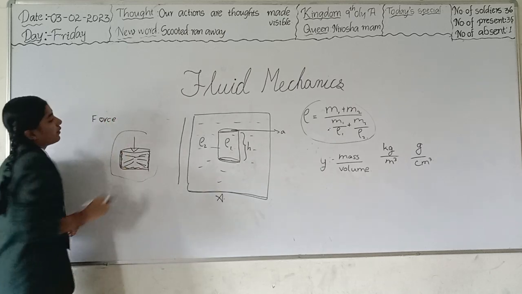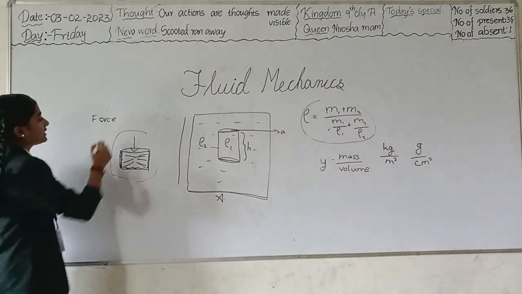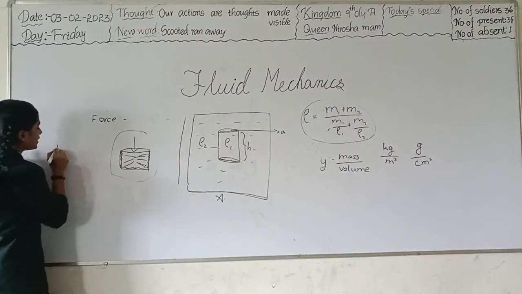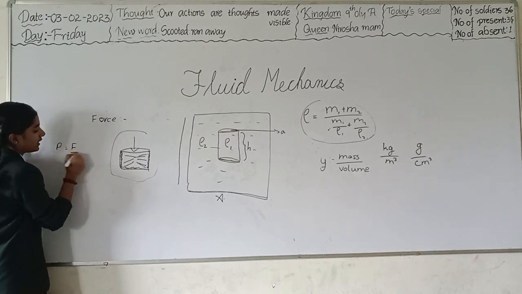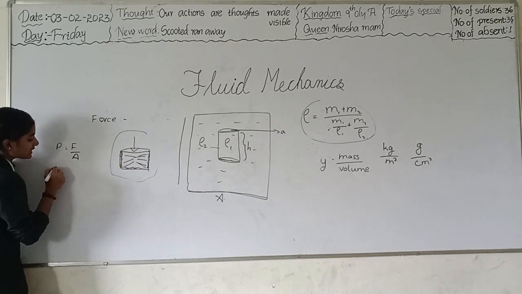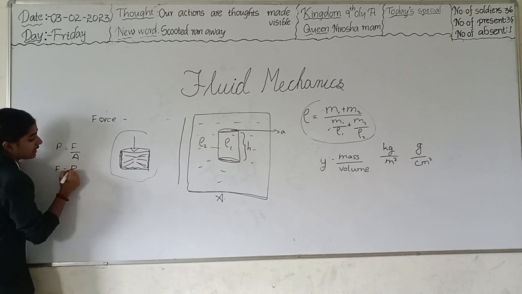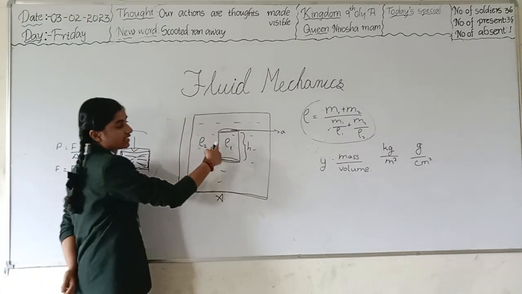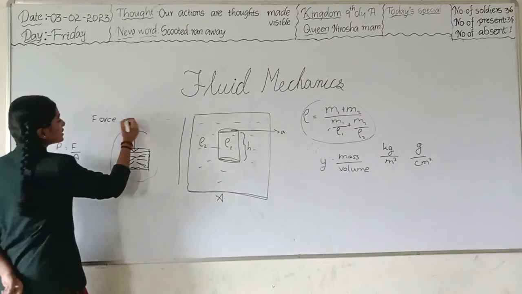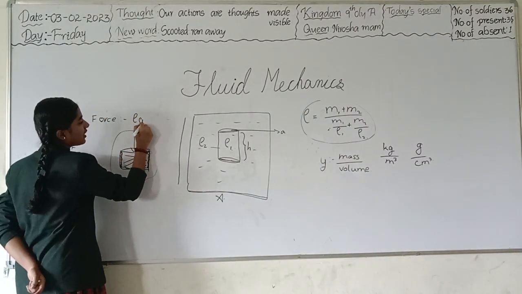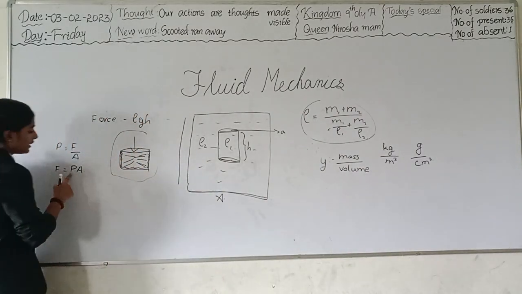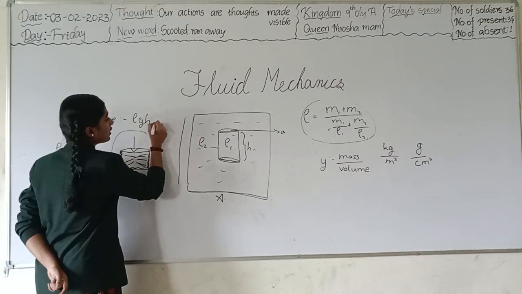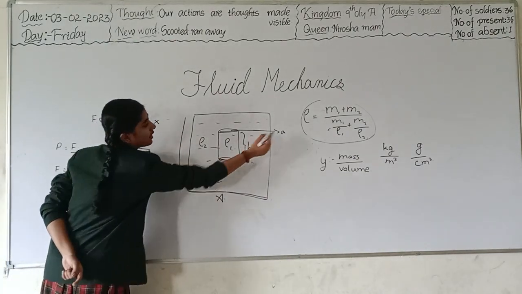So we take the buoyancy as we know, pressure is equal to force by area. That means force is equal to pressure into area. So we got the pressure exerted by this liquid, right? That was rho G H, and into area.